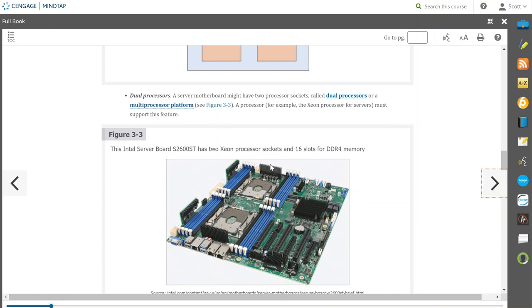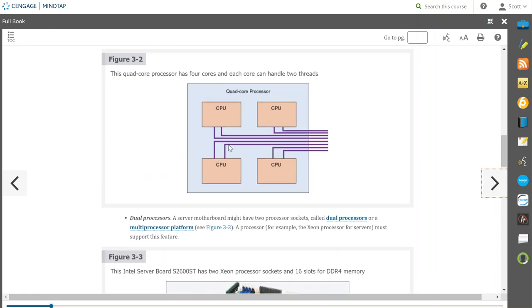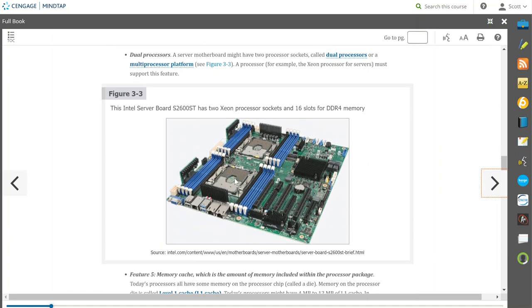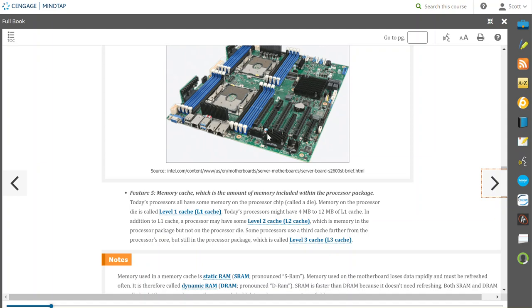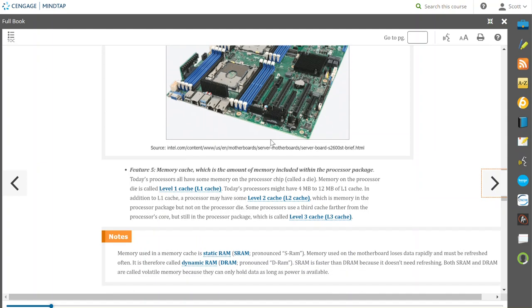Not only can I have quad core, but I can have more than one processor mounted to the board. So I can have quad core in one and quad core in the other. It's a lot of processing taking place, a lot of power. But with that power comes heat. And that can be an issue. Okay? So we'll talk more about that in a little bit.